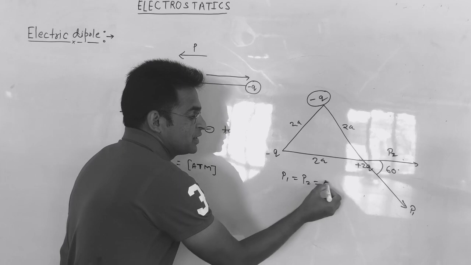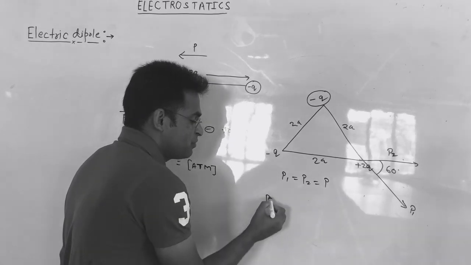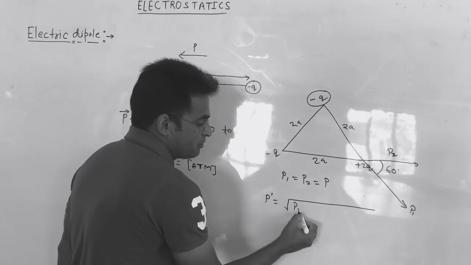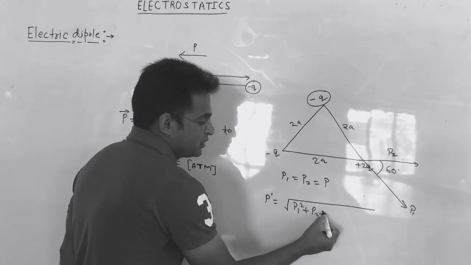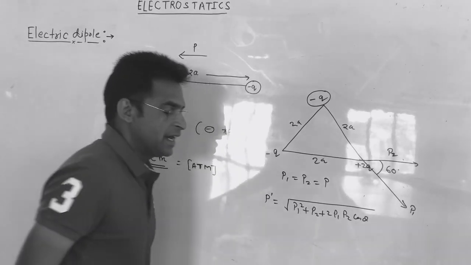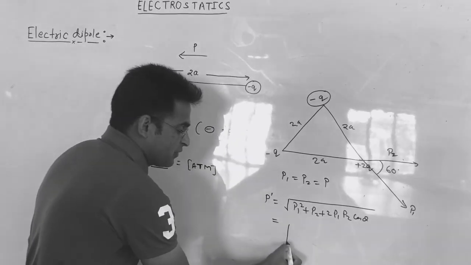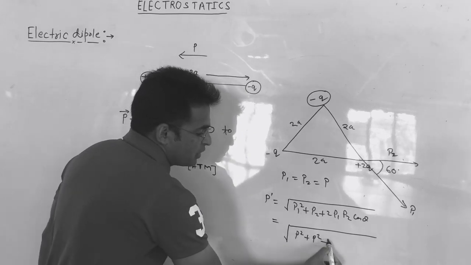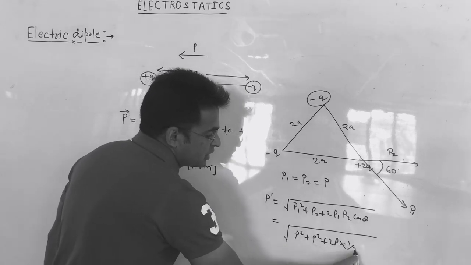So let's say this one is P. So what's the net dipole moment? P dash is equal to under root P1 square plus P2 square plus 2 P1 P2 cos theta, that is vector addition. So if I put in these values, I'll get P square plus P square plus 2P square into cos 60, which is 1 by 2.